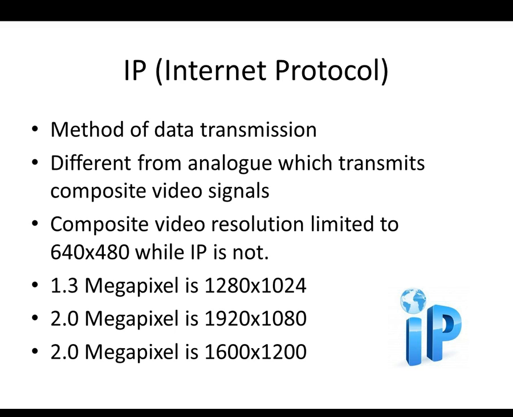So even some 700 TV line cameras you see out there for analog, even though it says that, the transmission is not able to do a whole 700 TV line. 1.3 megapixel resolution is usually 1280 by 1024. 2 megapixels either comes in at 1920 by 1080 or 1600 by 1200.